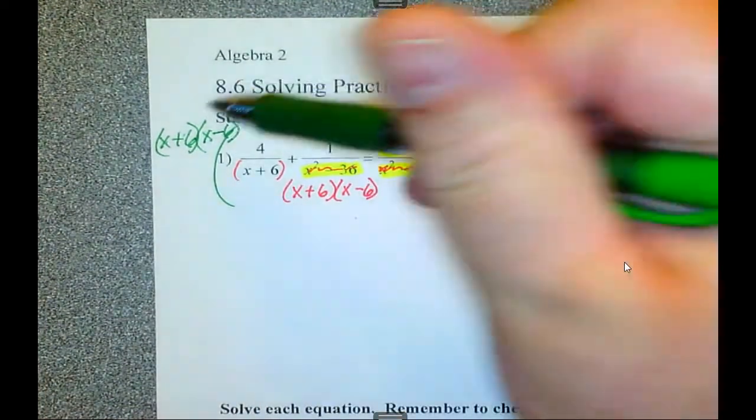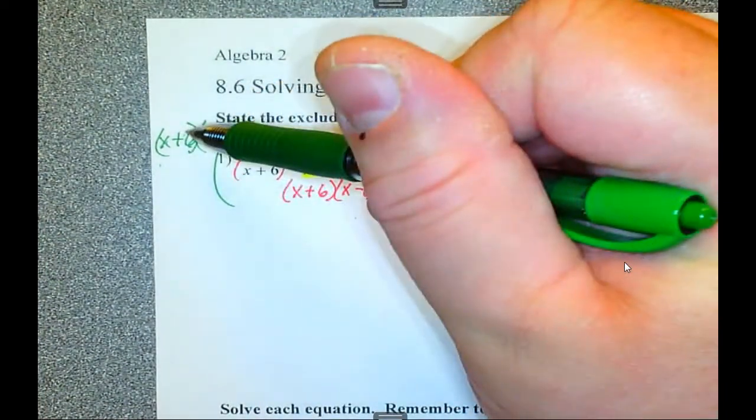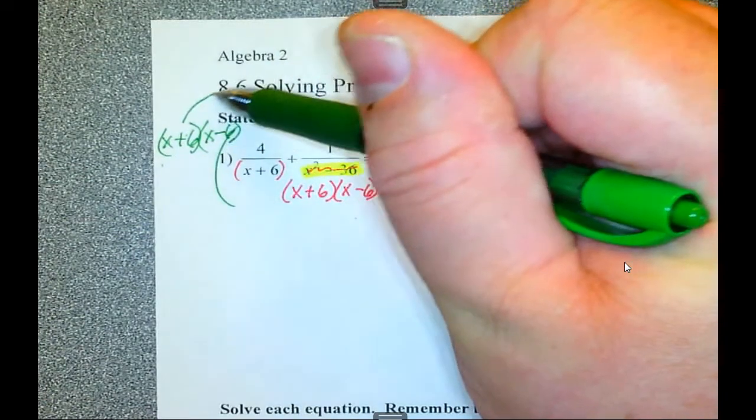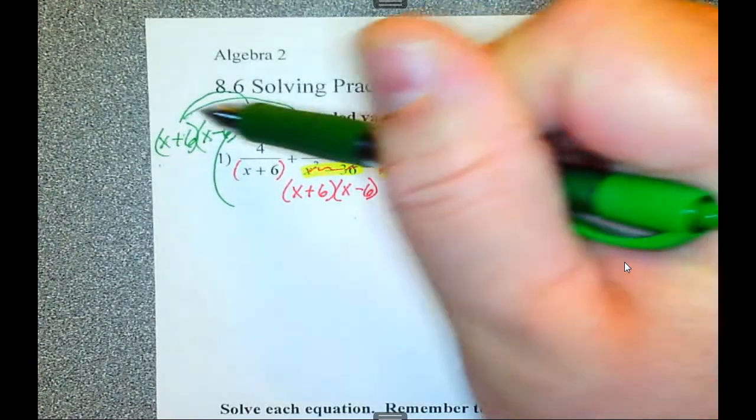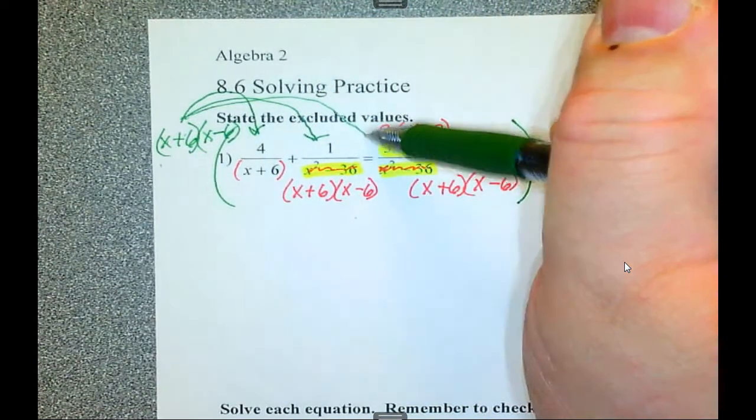Okay, so I'm going to take x plus 6, x minus 6, and I'm going to distribute it to each term. You with me?